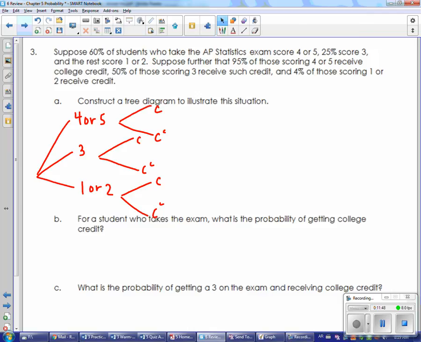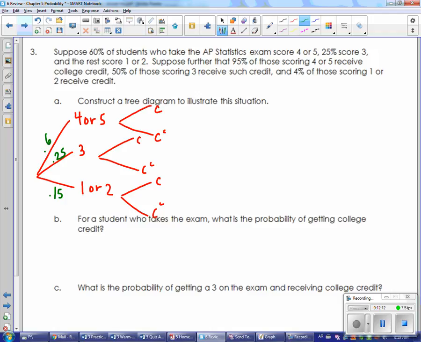So then let's go ahead and assign probabilities. I know that 60% of students who take the exam get a 4 or a 5. I know that 25% get a 3, and the rest get a 1 or a 2. So 60 and 25 is going to be 85%. That leaves 15% getting either a 1 or a 2. It says 95% of those scoring a 4 or a 5.